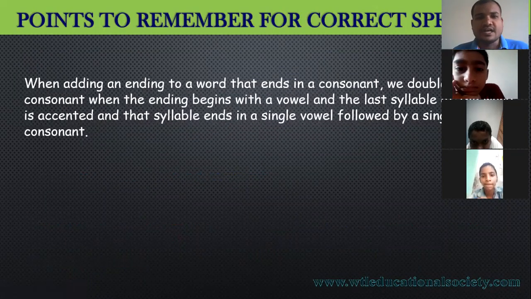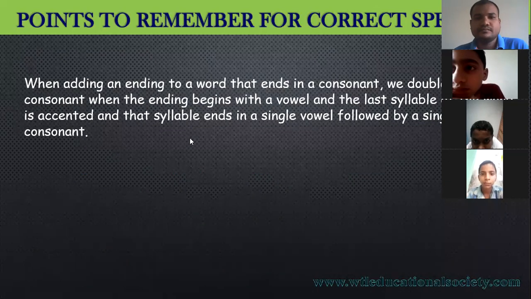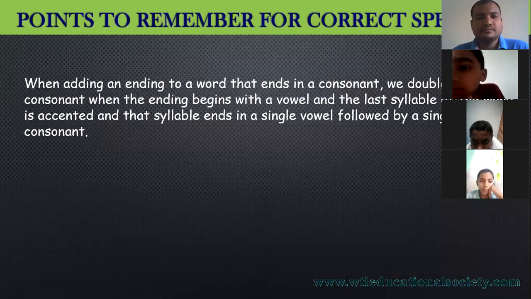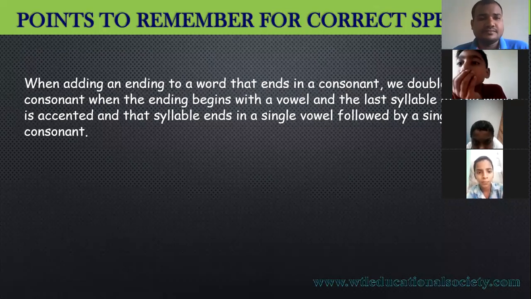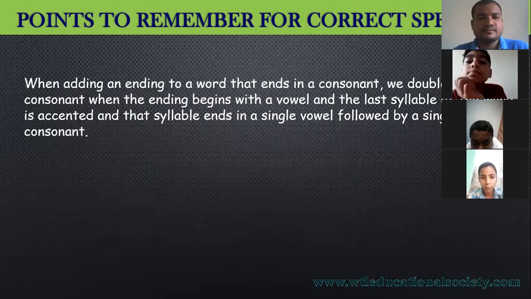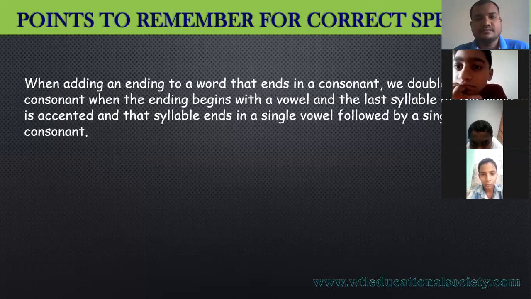Setting. Okay, Jahnavi, read it out. When adding an ending to a word that ends in a consonant, we double that consonant when the ending begins with a vowel and the last syllable of the word is accented, and that syllable ends in a single vowel followed by a single consonant. Very good.